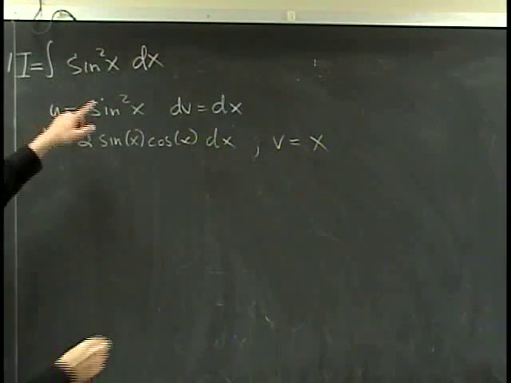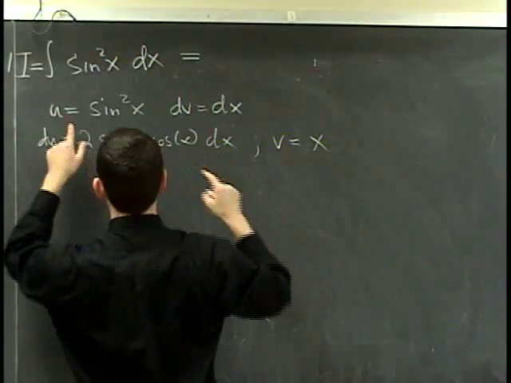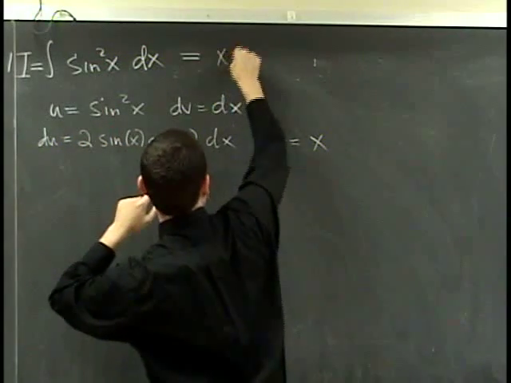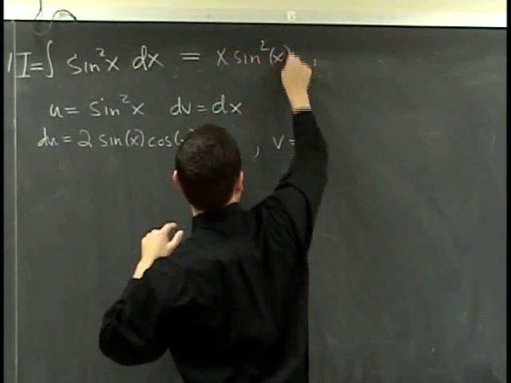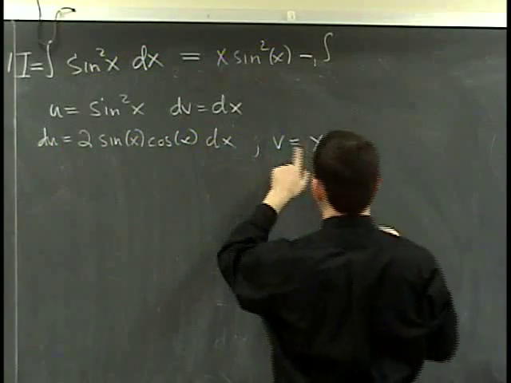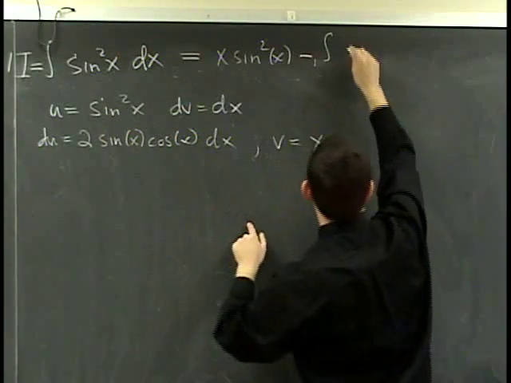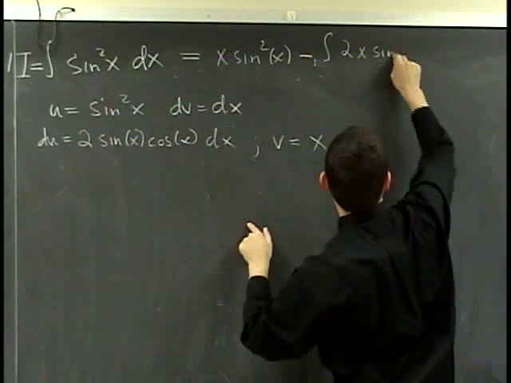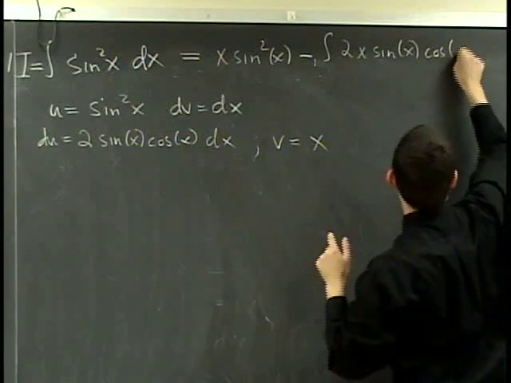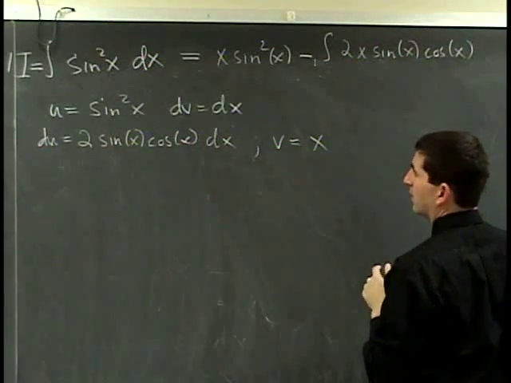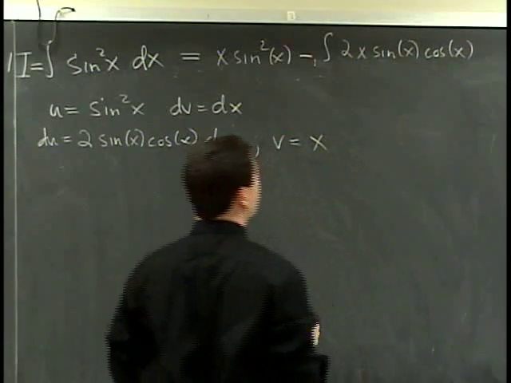So let's see what would happen. We would then get uv, so x sine squared x, minus the integral of v du. You get 2x sine of x cosine of x dx.